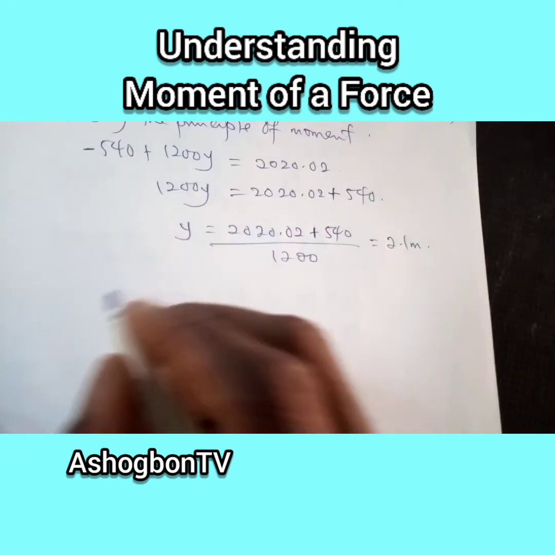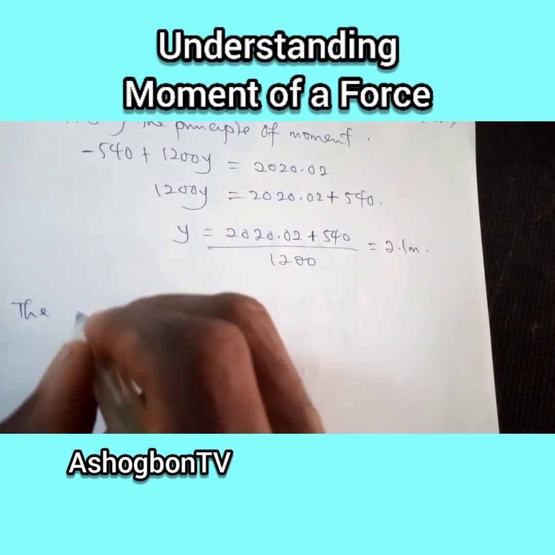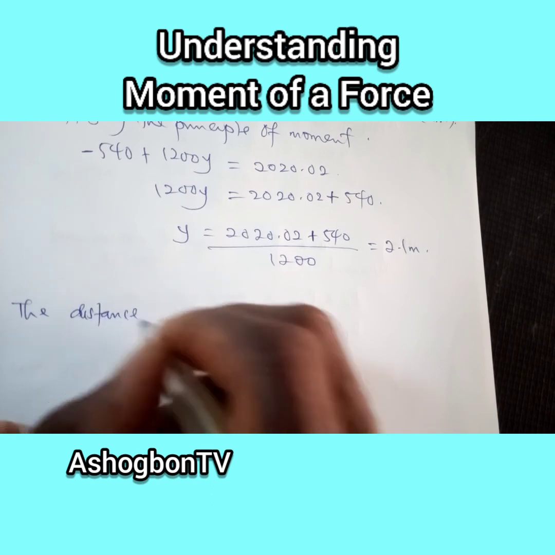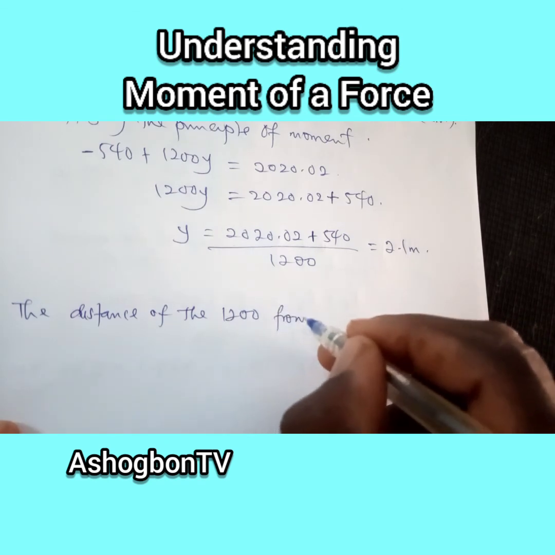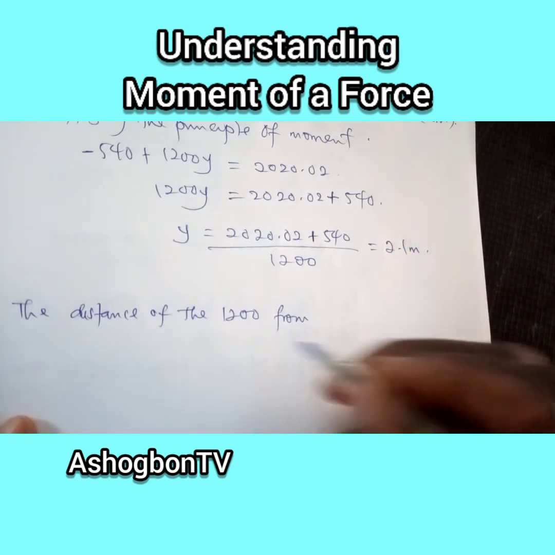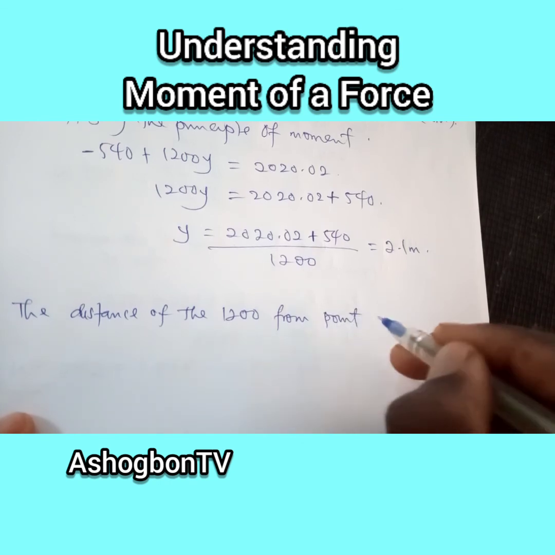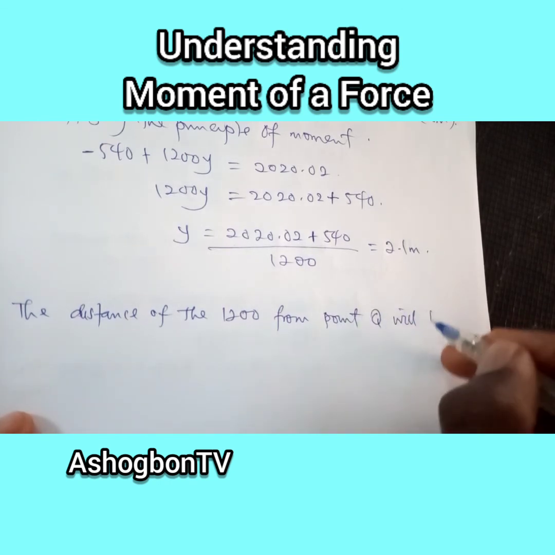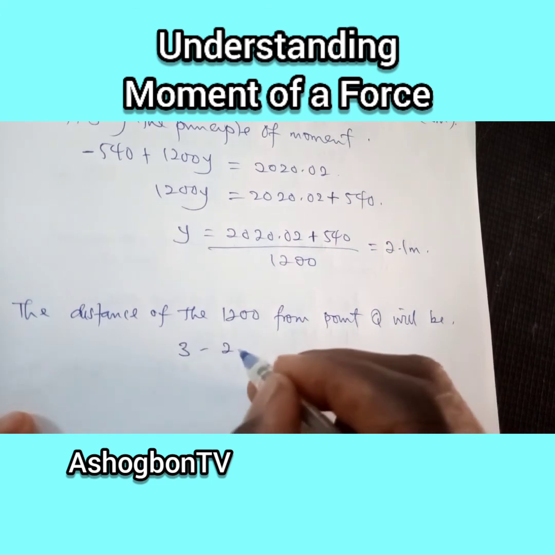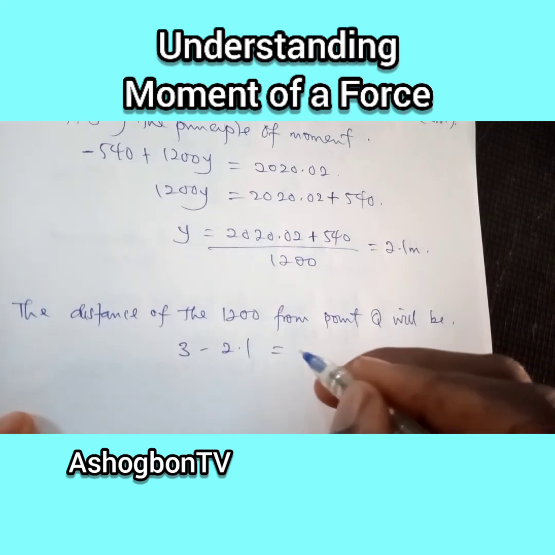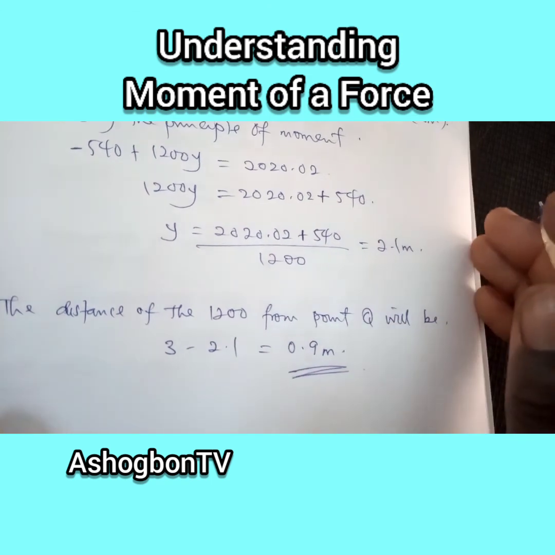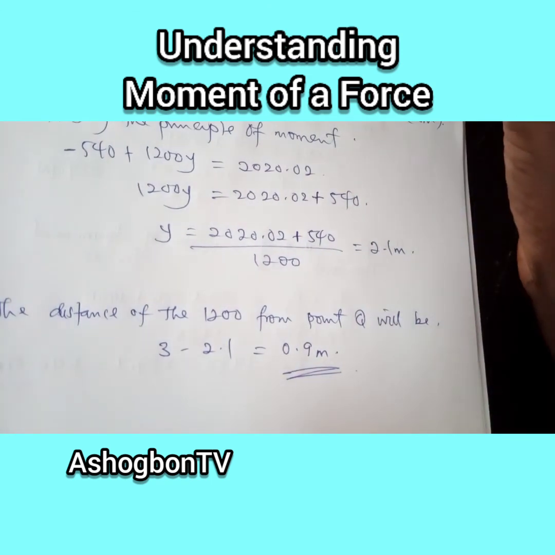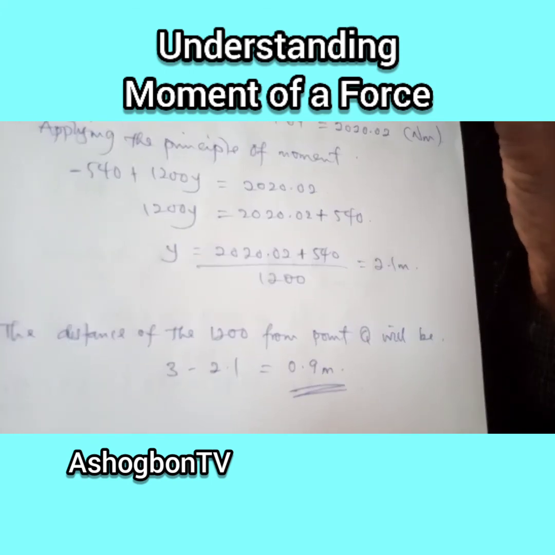So here I'll say the distance of the 1,200 from point Q will be 3 minus 2.1. And if you do that very well, you should get 0.9. And 0.9 will be the answer. 0.9 meters will be our answer for this question.